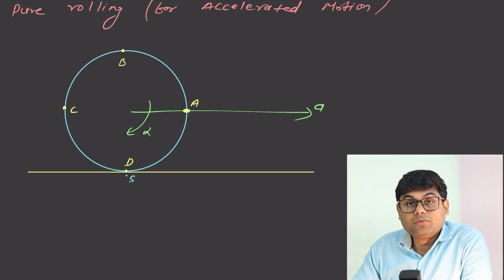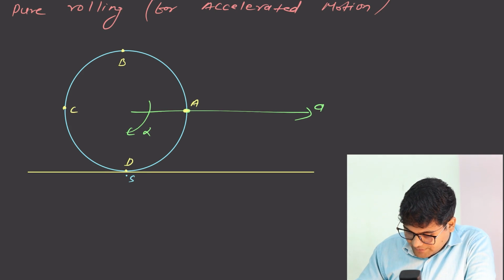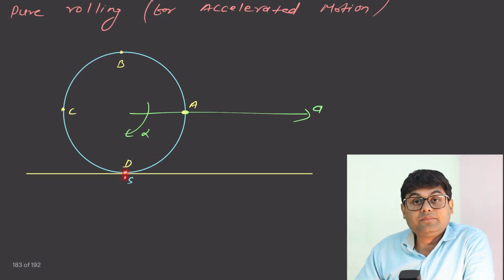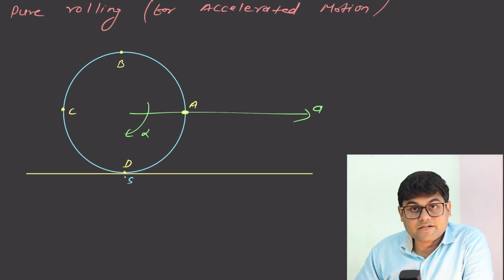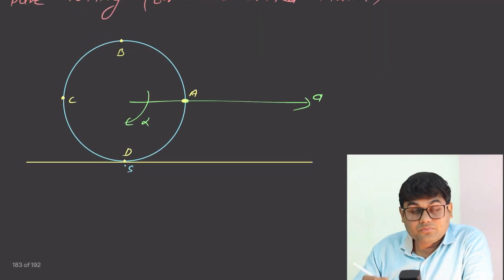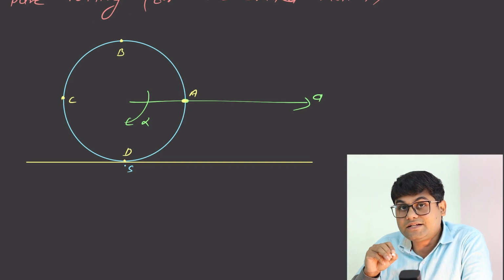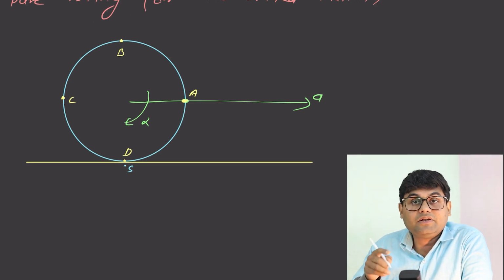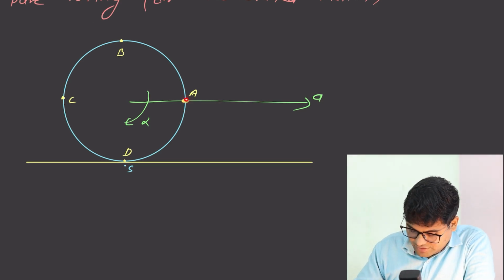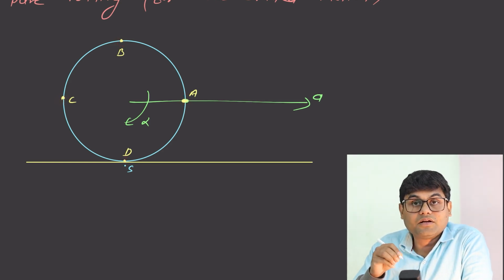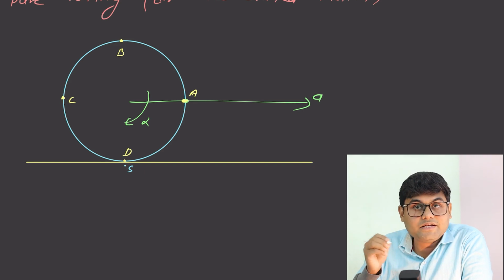So now what will be the condition for pure rolling? For pure rolling, there should be no relative acceleration at the point of contact. Now the condition will be like this. So how will you calculate the acceleration now? The same way we were calculating the velocity, how we calculate the acceleration of each and every point for a particle in combined motion.